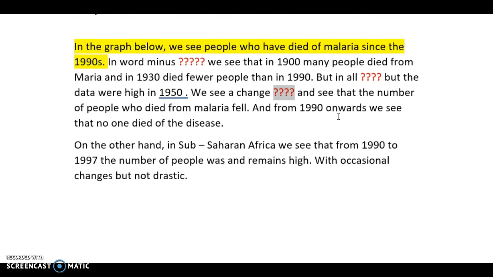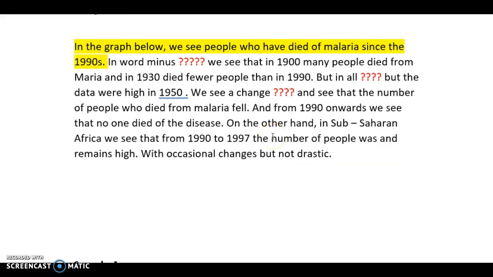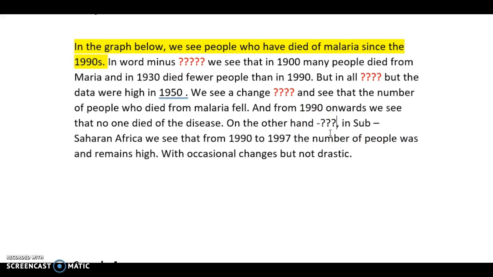Because in this one, we don't see it. Let's put this together. On the other hand, compared to what? In other words, we're not sure. Compared to what? In sub-Saharan Africa, that's good.